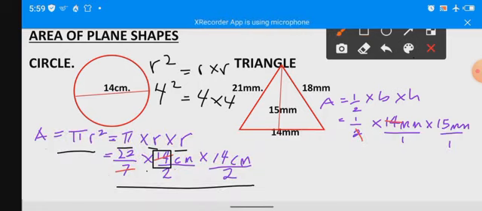Now the 2 will divide 22: 2 in 2 is 1, and 2 in 22 is 11. Then this 2 will divide 14: 2 in 2 is 1, and 2 in 14 is 7.